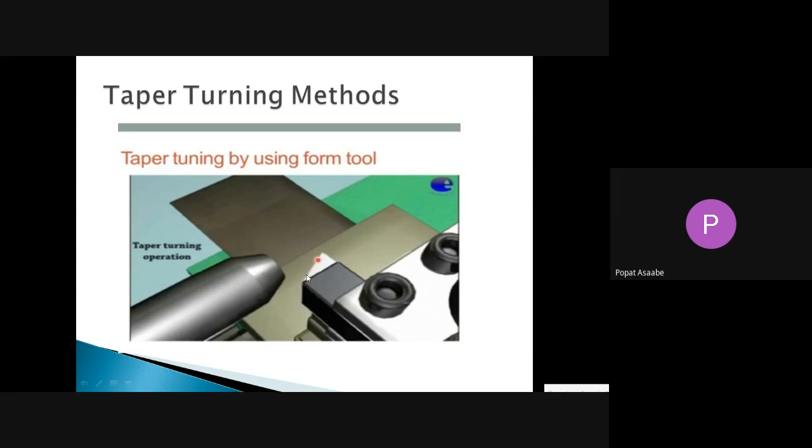Okay, we have to grind it. Whatever our taper angle is, just with respect to that angle we want to grind our single point cutting tool. That means we have to provide that angle on the single point cutting tool itself. See if this is understood, the angle is given here. This is your single point cutting tool, and that single point cutting tool is generated with respect to the taper angle.